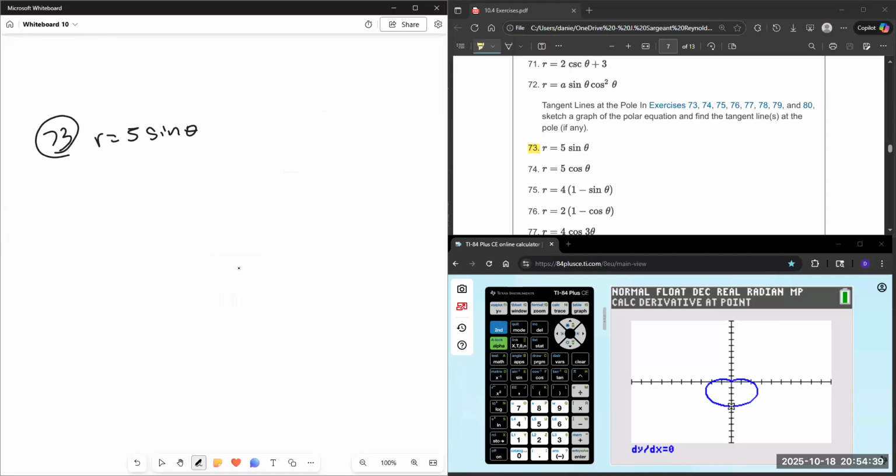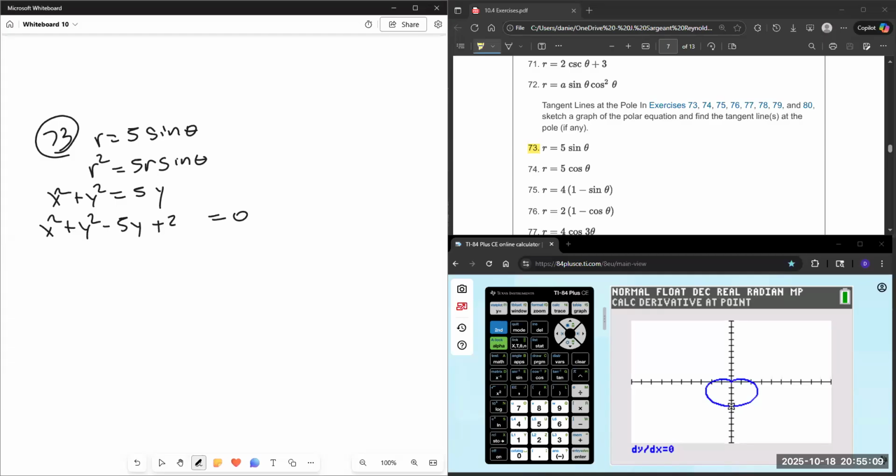So r squared is equal to 5r sine theta. x squared plus y squared is equal to 5y. x squared plus y squared minus 5y equals 0.